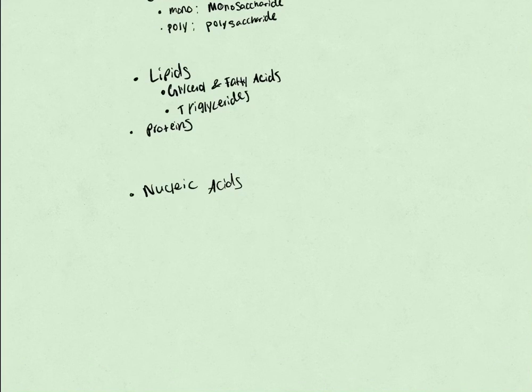Now for proteins, the monomer for proteins is amino acids, and the polymer is called peptides. Proteins can be found in meat, fish, egg, and lentils, and much more.